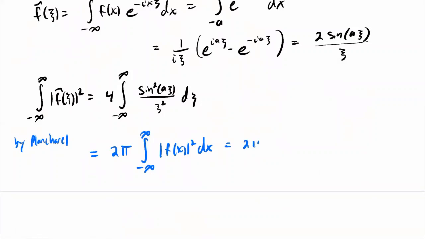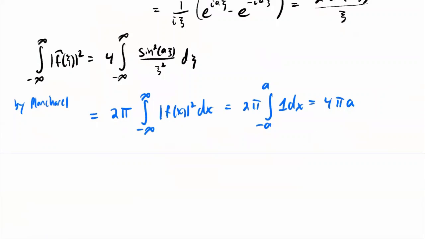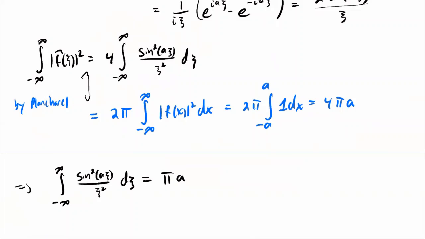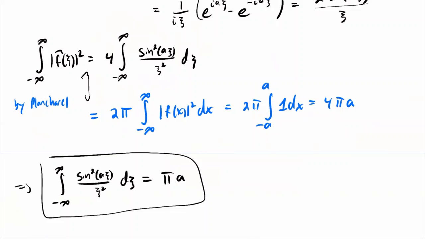So this is equal to 2 pi times the integral from minus a to a of 1 dx, which is equal to 4 pi a, because the integral is just the length, which is 2a, and then I'm multiplying it by 2 pi. If I compare these formulas, this tells me that the integral from minus infinity to infinity of sine squared of aξ over ξ squared dξ is equal to pi a. And this is a consequence of the Plancherel theorem.